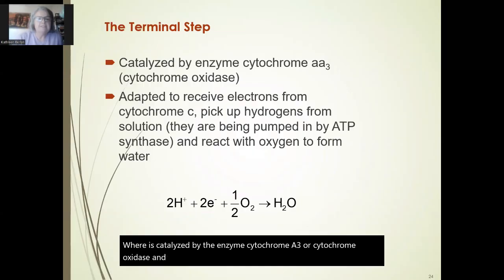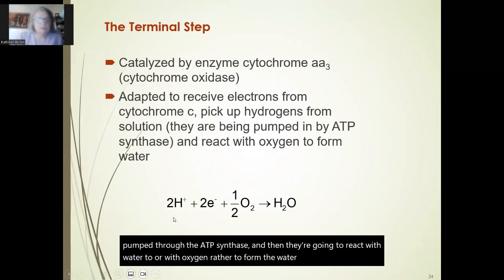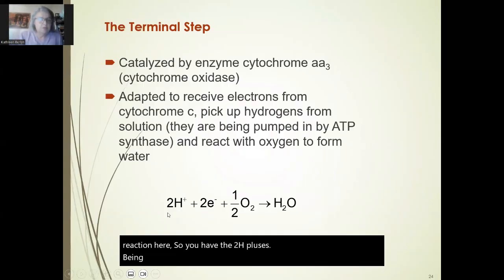And what's happened is it's adapted to receive the electrons from cytochrome C, pick up hydrogens from the solution that are being pumped through the ATP synthase, and then they're going to react with oxygen to form the water. And here's the overall reaction here. So you have the two H pluses being pumped through the ATP synthase, the two electrons that are coming from the electron transport chain, plus a half of an O2 to make one water.